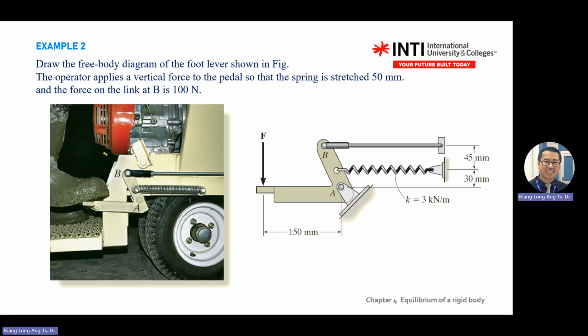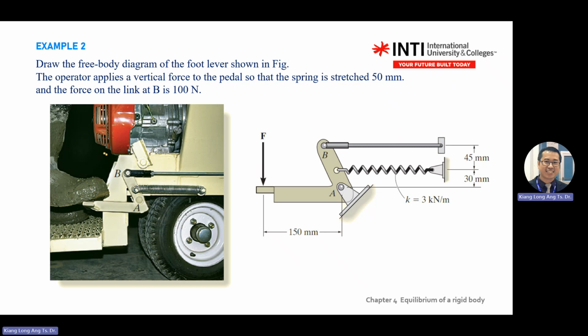Okay. Example number 2 is something in mechanical engineering. So you're having a mechanism or spring there, a spring latch. Sometimes it's because of your brakes or throttles, right? So there's a link here. There's like an inverted L shape, and there's a force because of your feet here.